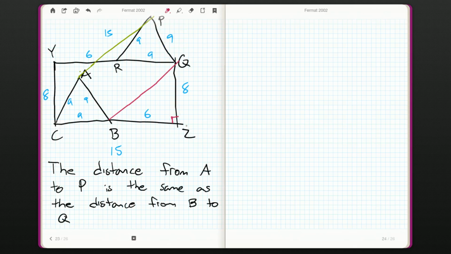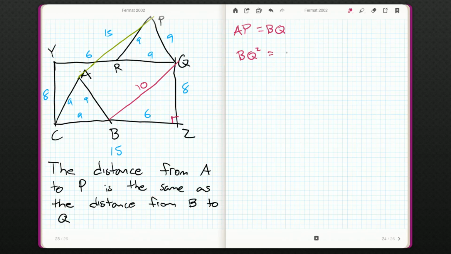We've got a right angle triangle, a 6, and an 8. And if you're trying question number 20 on the Fermat, you should probably be able to already tell me what this other length is. It's part of a Pythagorean triple. You're going to get a 10 right here. Okay? So you can either know that that's the Pythagorean triple, or you can realize that AP, as we've already said, is BQ, and BQ squared is going to be 6 squared plus 8 squared.